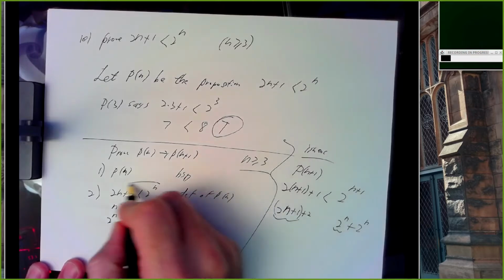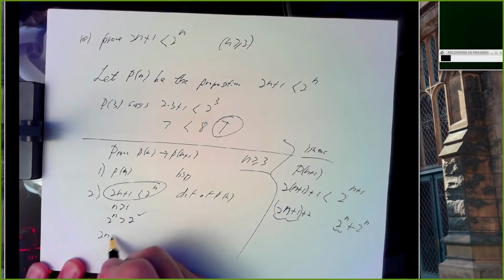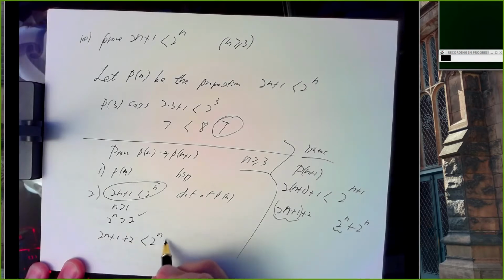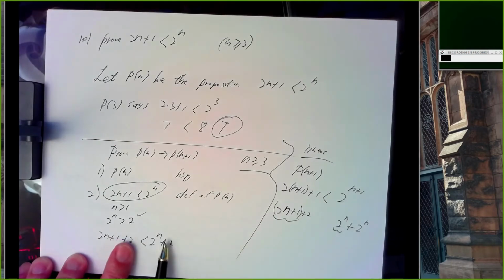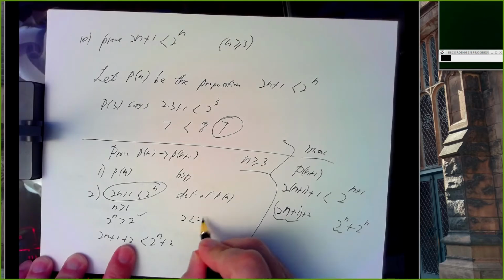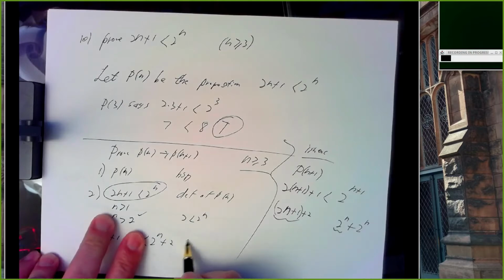And so I'm going to modify this and say 2n plus 1 plus 2 is less than 2 to the n plus 2, because I've got this inequality already. That's P of n, and so I'm just going to add 2 to both sides. And now I'm going to use the fact that 2 is less than 2 to the n and show that this is less than 2 to the n plus 2 to the n.